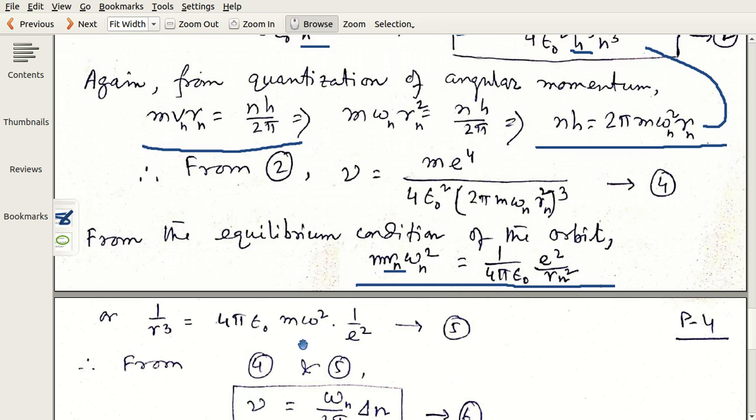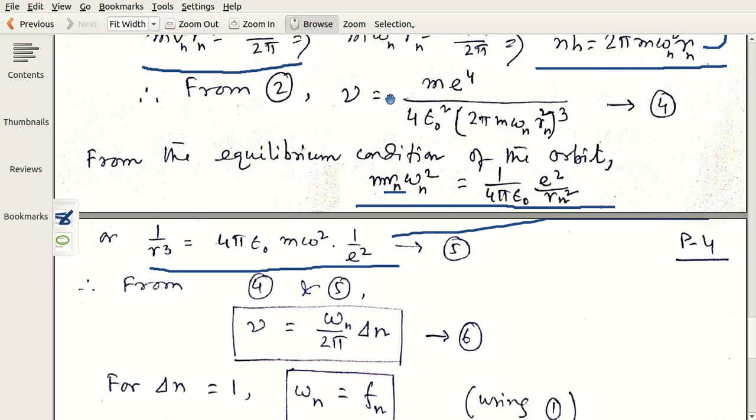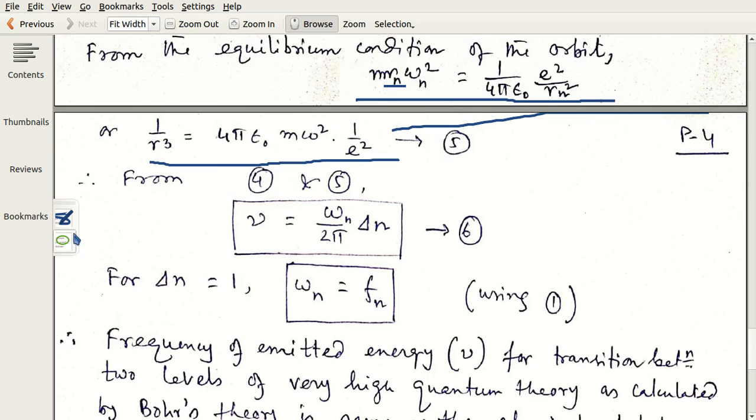This 1 by r cube is now fed back into the expression of 4. This is r to the power 6, and here you use r cube, and using all these things you calculate.